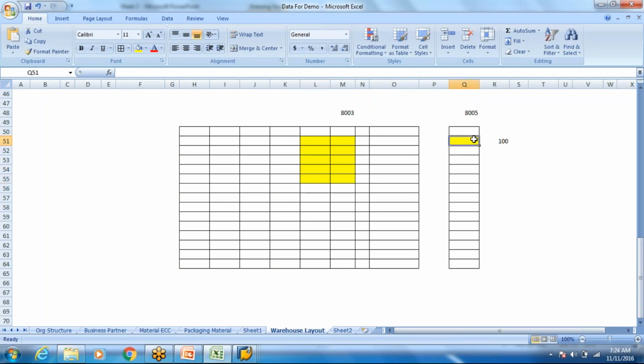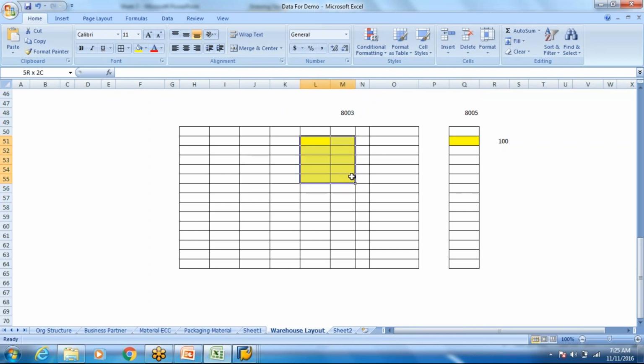As soon as the stock in the fixed bin gets reduced to 0, I'm going to replenish it from here to here. I'm going to move one HU from here to here, and again it becomes 100. So this is a replenishment process which we are going to see in internal warehouse processing. But the idea here is that this is your fixed bin. Okay, so you want your stock to be placed near to your fixed bin.